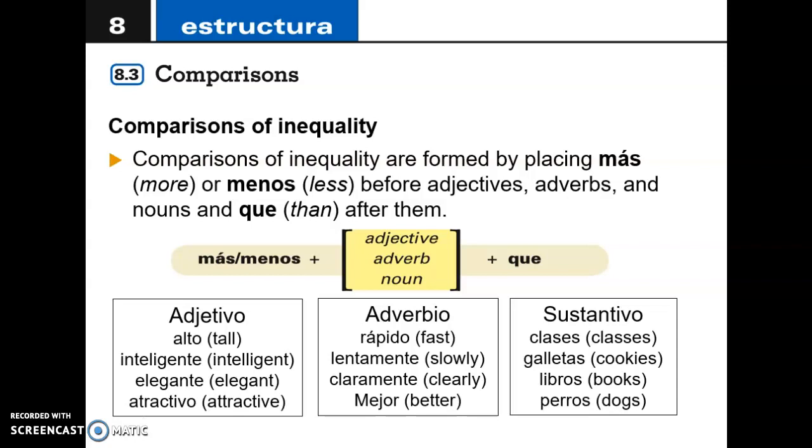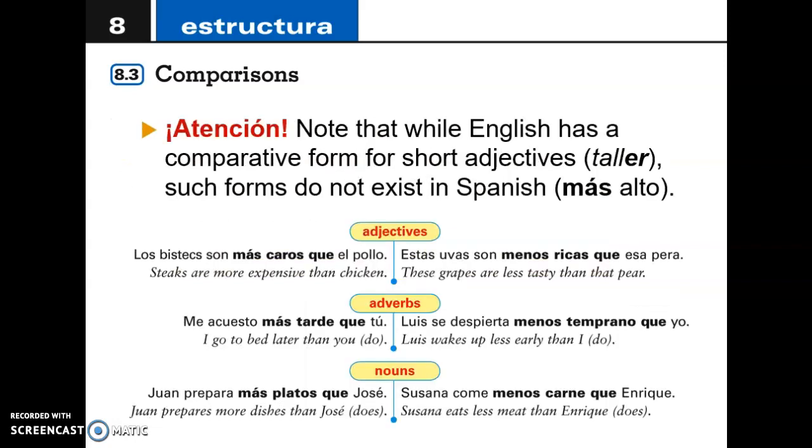For example, books or shoes or clothes or a door, a window, food, and stuff, right? So those are sustantivos or nouns. So we have some adjectives, adverbs, and nouns over here in a sentence. So pay attention to these examples, okay?